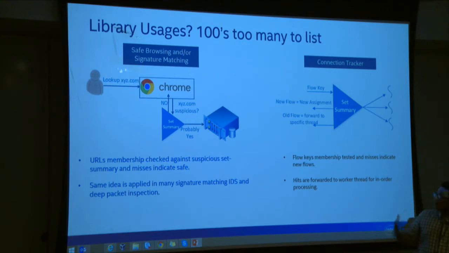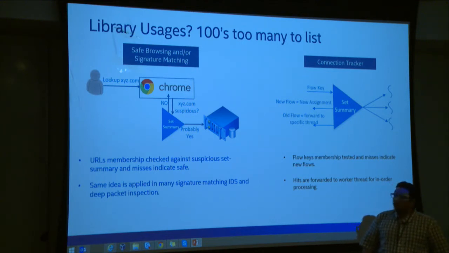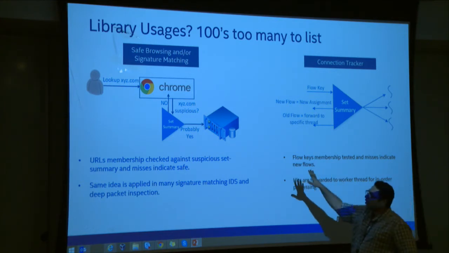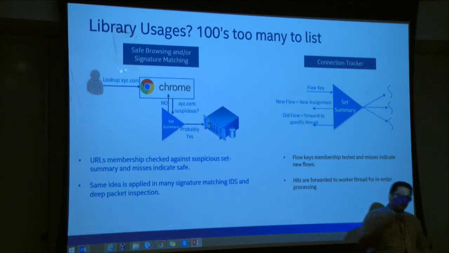And the set summary is summarizing what these bad ones are. So if I'm looking up xyz.com, I can look into the set summary to see whether XYZ is a good one or not. If it is a bad one, this set summary will come back and say there is a very big probability that this is a bad one. So for that one, I will go to the backend server to do more analysis and more inspection. But if it is a good one, go ahead.